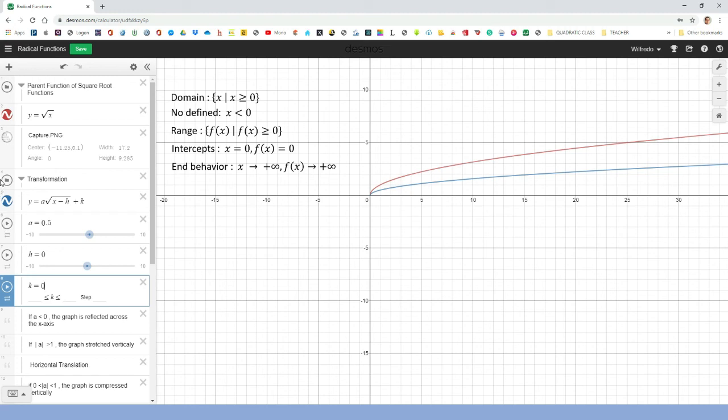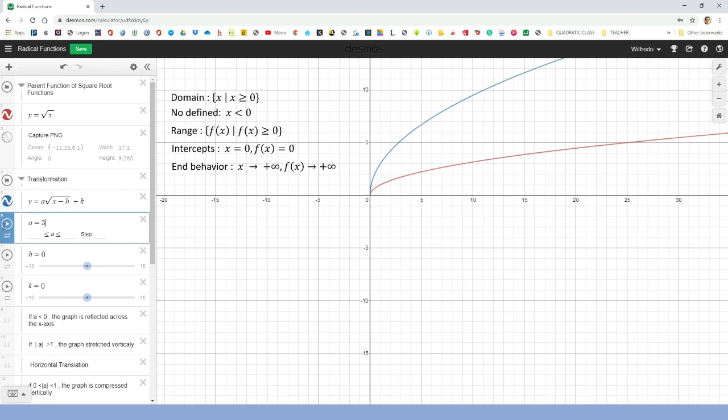You see the graph has a vertical compression, but if a is greater than 1 it's a stretch. When a is between 0 and 1, for example, 0.5, it is compressed. When it's greater than 1, it is stretched.